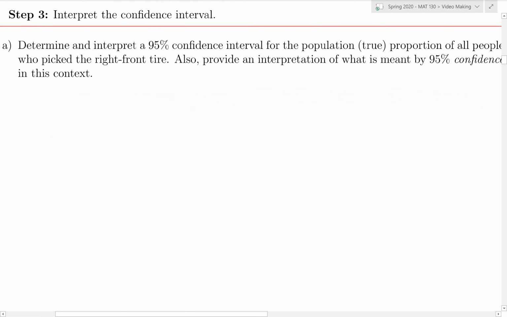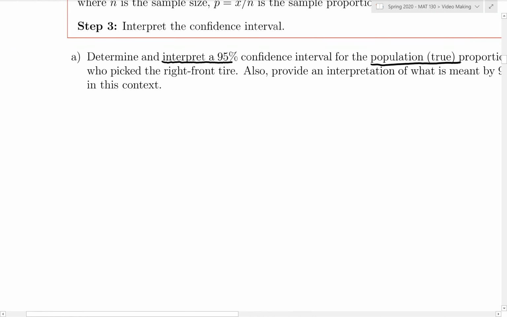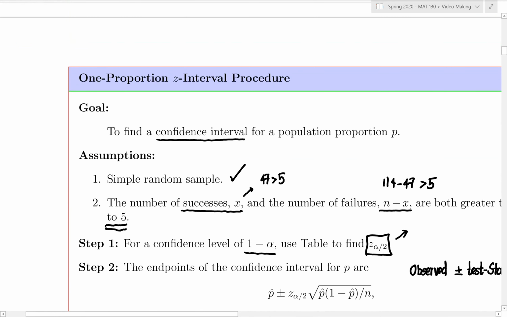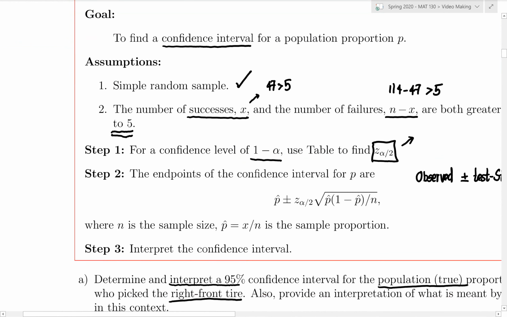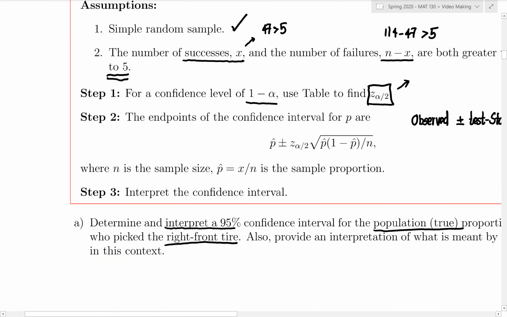Let's go back to our example earlier. What we'd like to do is determine and interpret a 95% confidence interval for the population proportion of all people who picked the front right tire. Again, the assumptions for our confidence interval: the sample is simple random, so trust me that it is, and we've checked that the second assumption holds as well.